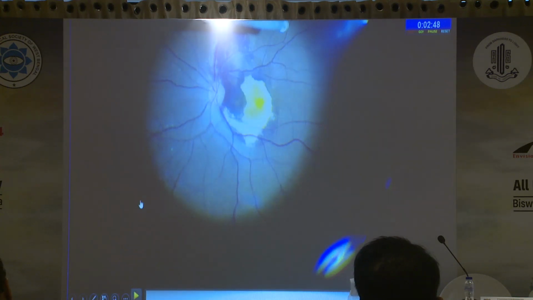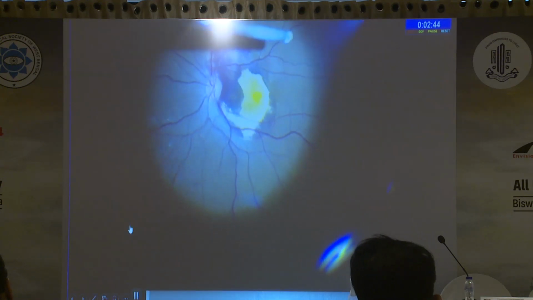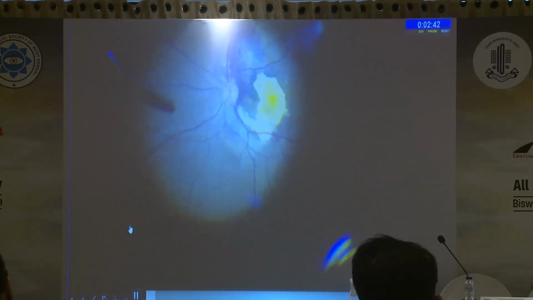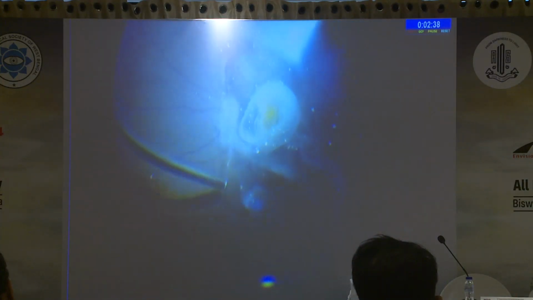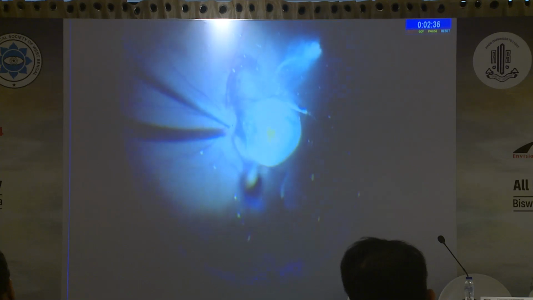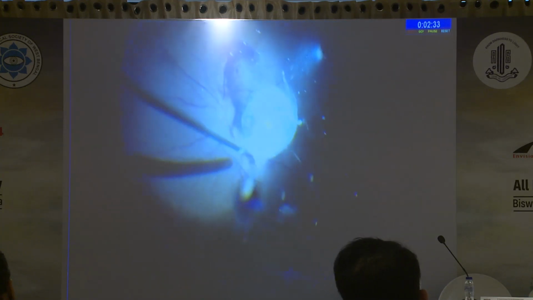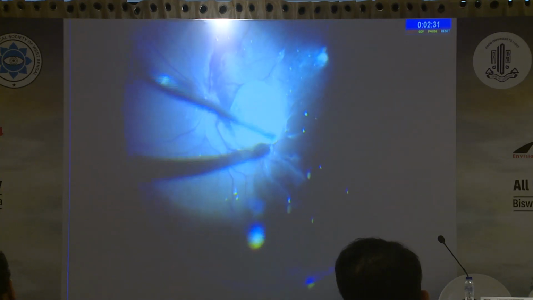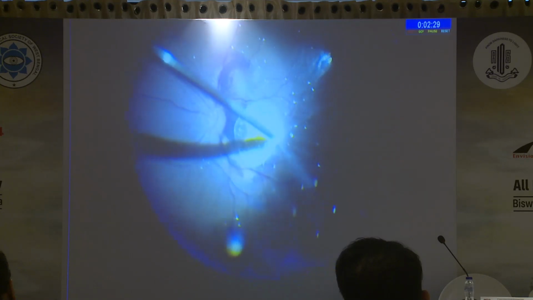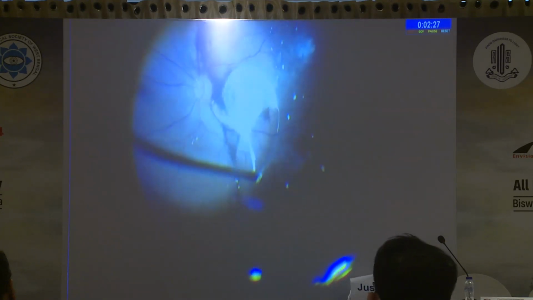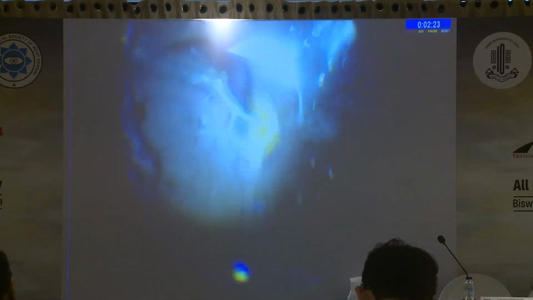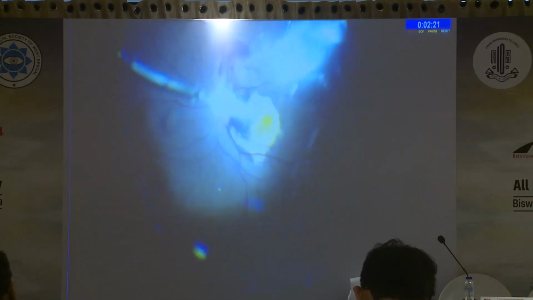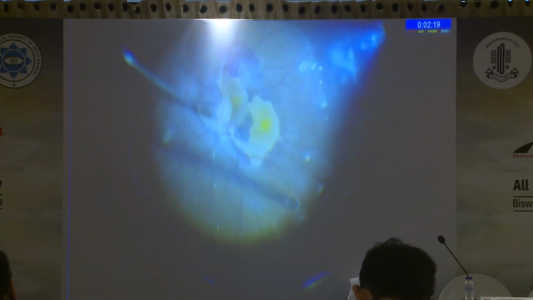You can see a little bit of fresh hemorrhage, and a little bit of hemorrhage is still not organized, but the middle part is already organized. In this case, we obviously didn't do it within the first 2 weeks, which has generally been advocated, that you should treat as early as possible, preferably within the first 2 weeks.